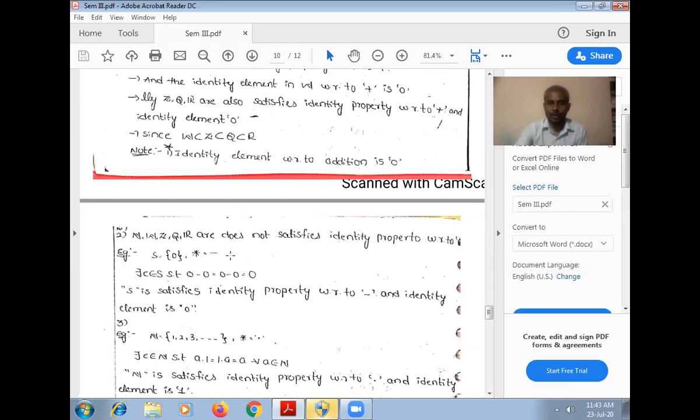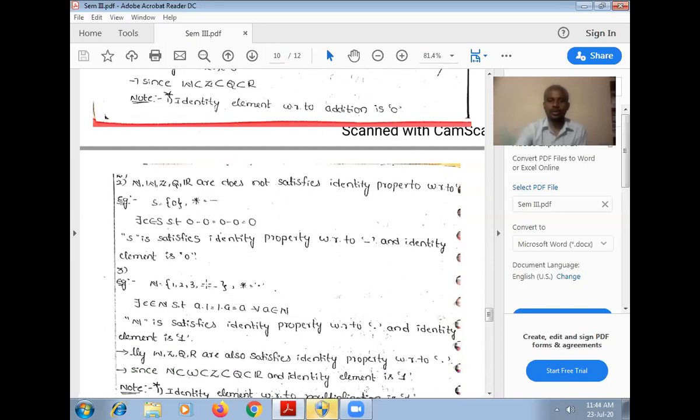So there exists E belonging to S such that 0 minus 0 equals 0. So the single-element set {0} satisfies the identity property with respect to minus, and 0 is the identity element.